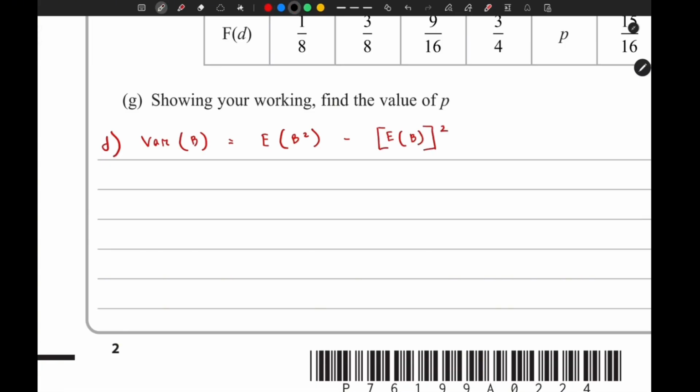We already know the value of E(B). We just need to find the value of E(B squared). We know that E(B squared) can be written as the summation of B squared times the probability of B equals b.